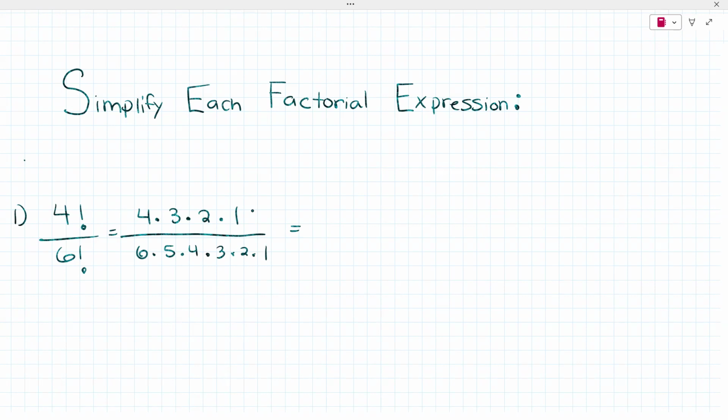Yeah, we can get rid of the 3, 2, and 1 because on the bottom there's a 3, 2, 1. So you can cancel this 3, this 2, this 1. And then on the top you're left with 4. And then on the bottom you're left with 6 times 5 times 4, which is 30. No, it's not 30. 6 times 5 times 4 is 120, but it can be reduced by 4, and that gives you 1 over 30.